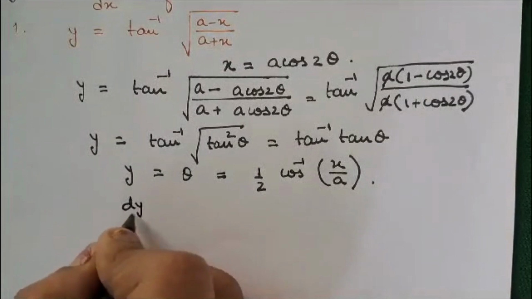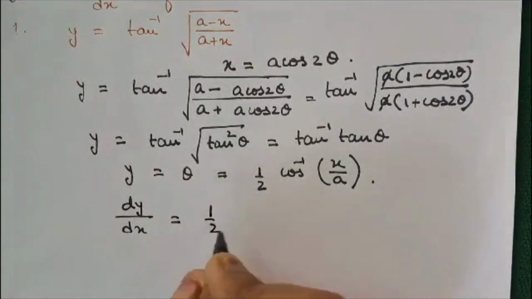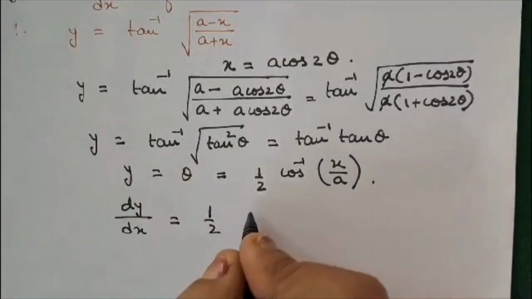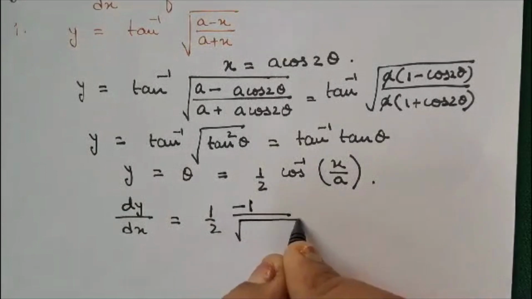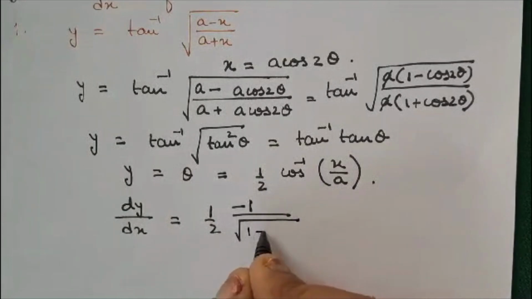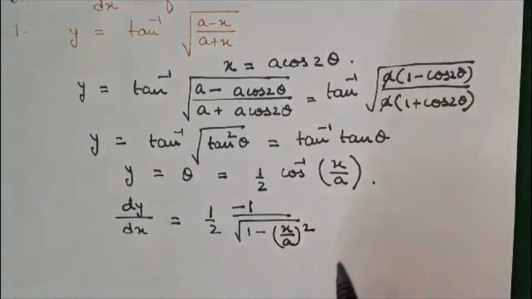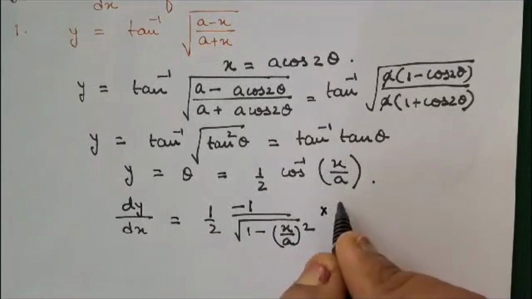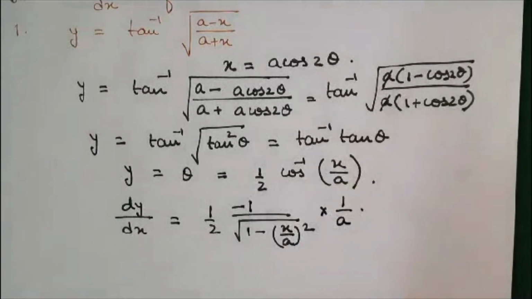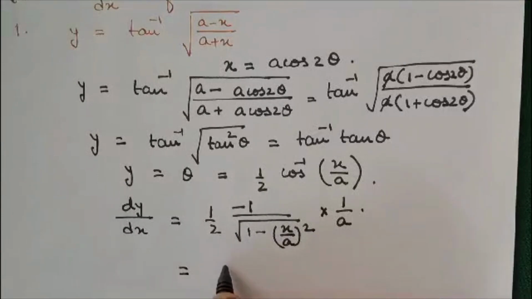So now we will differentiate this simplified inverse function. So now when I am writing dy by dx, half is constant, ddx of cos inverse is minus 1 by root over of 1 minus x by a whole square. Now since the x has a coefficient 1 by a, so into 1 by a. So now I am simplifying a bit more.